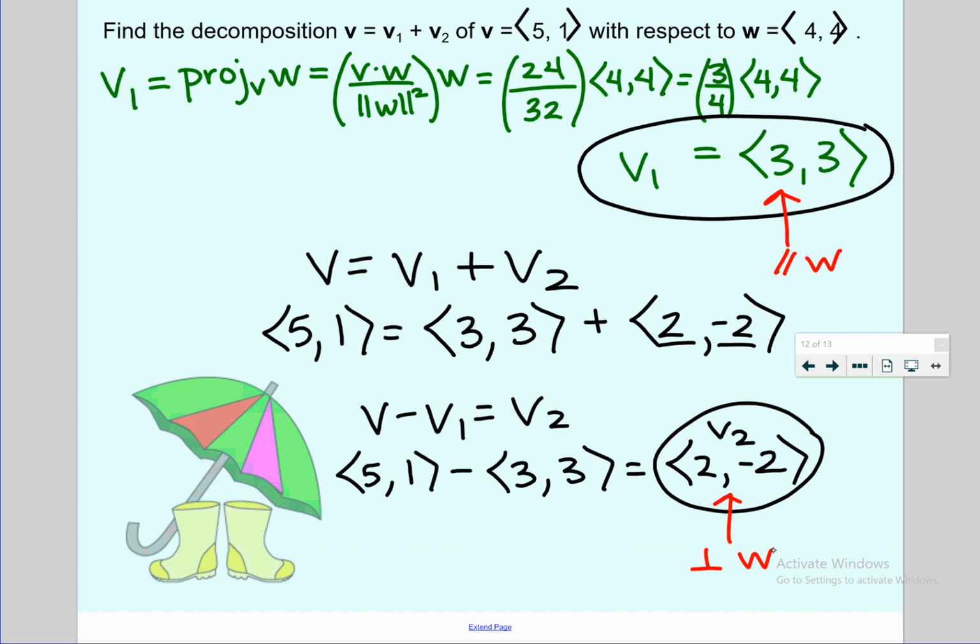And then v1 and w, well, actually, can you guys imagine 3, 3 and 4, 4 going in the same direction? You can almost picture that in your head because they're nice, pretty numbers. But you can calculate the rise over run for both of them pretty quickly and see that they're both going to have a slope of 1. Okay? That's it for vectors. That's all the vectors. We're done.